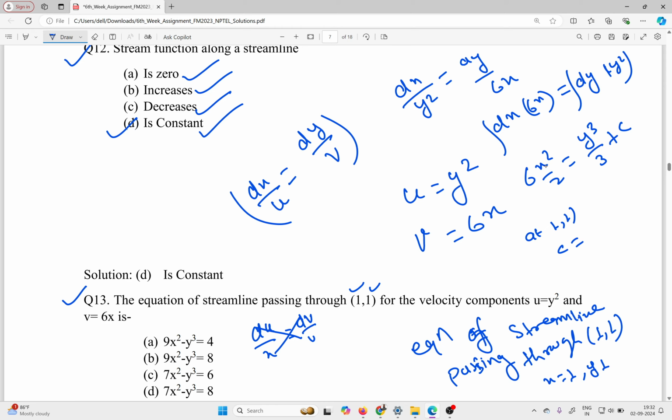Here if you put 1, 3, and here if you put 1, 1 by 3. So 3 minus 1 by 3, you will get 8 by 3. So now you can put 6x square by 2 minus y cube by 3 equal to 8 by 3.